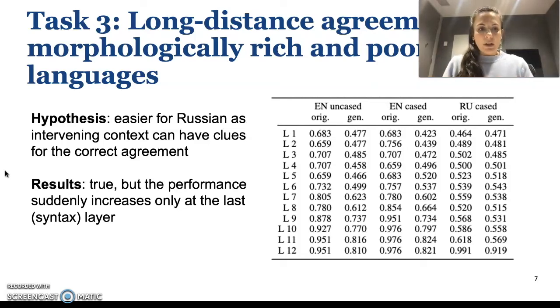And this was so, but you can see, it was only on the last layer, and up to level 12, the Russian model was underperforming, which shows that it takes a lot of time for the Russian model to actually learn all these different morphological and syntax relationships which are necessary for it to detect correct agreement.